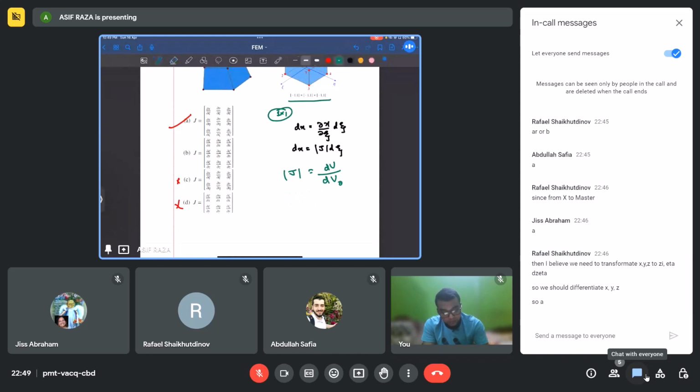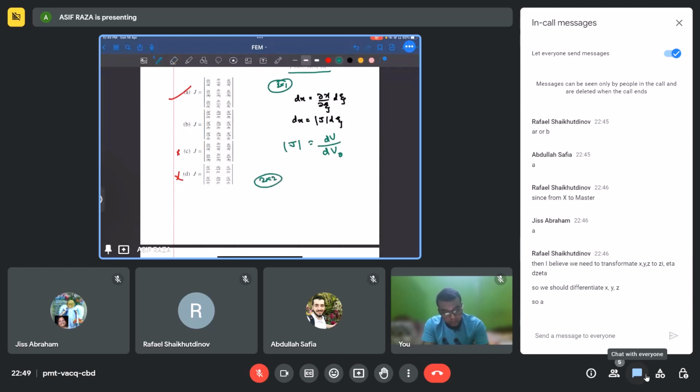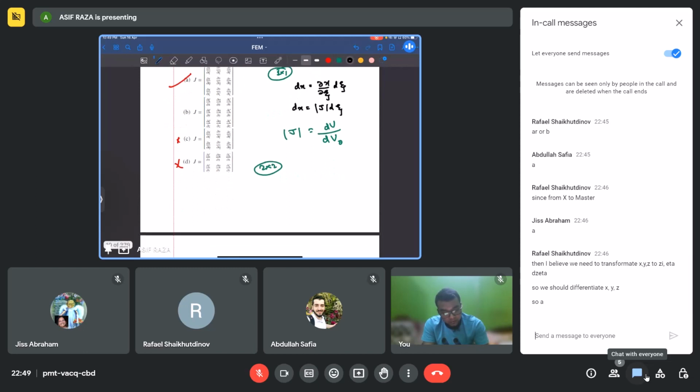Let's see for 2 by 2. There our dv would consist of both dx and dy. If I write this in the vectorial form, it would be dx dy, mapping from d xi d eta, right?